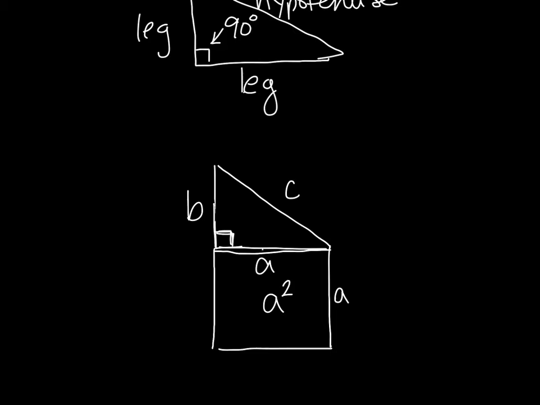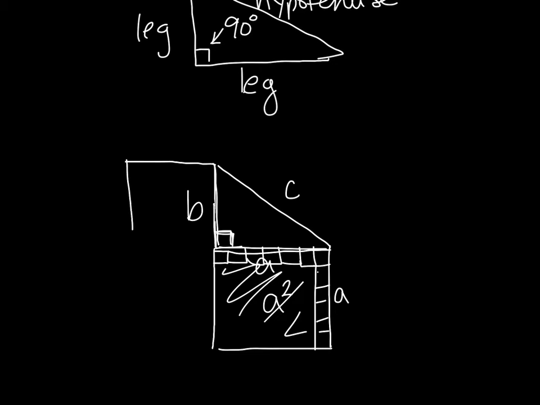A squared just means you have A squares along one side and A squares along the other, and the whole thing is filled up with A squared blocks. Then you have B, and we can make a square out of B, with B squared blocks.